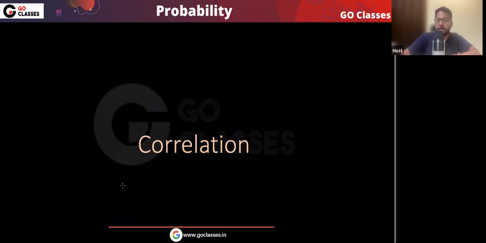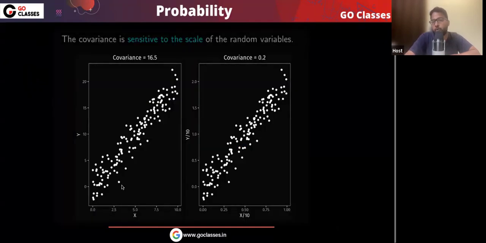So now let's start a new topic, which is correlation. In covariance, we have seen that the covariance number doesn't signify anything. If you're measuring something, let's suppose in units of 100, then it might be 16.5. But if you divide x and y by 10 and 10, then the covariance will be divided by 100.